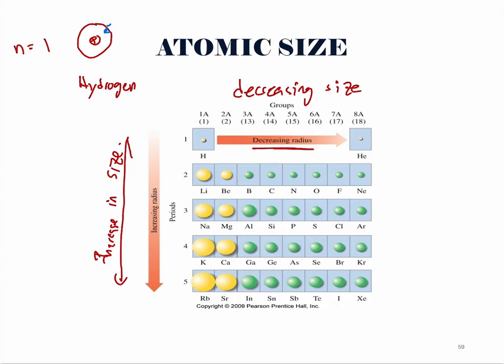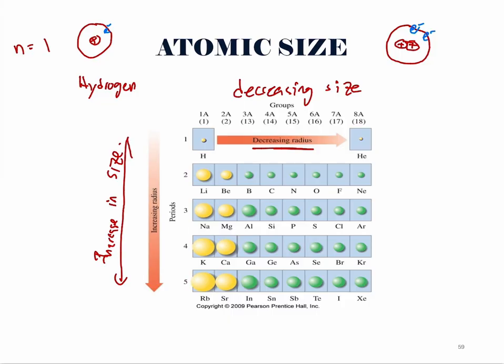When we go to helium, we're still in the n equals 1 principal energy level. This energy level that's represented by the wave of the electron is still occupying the same space. The energy level is still at the same distance, except now we have 2 protons and 2 electrons within this energy shell.